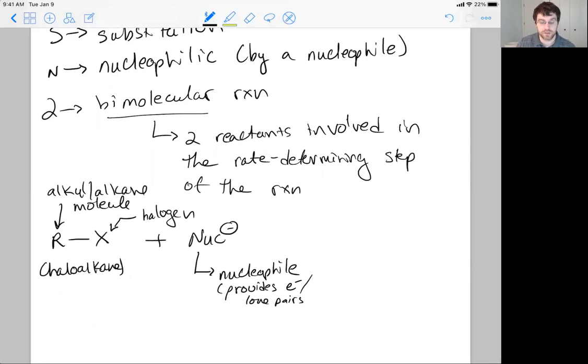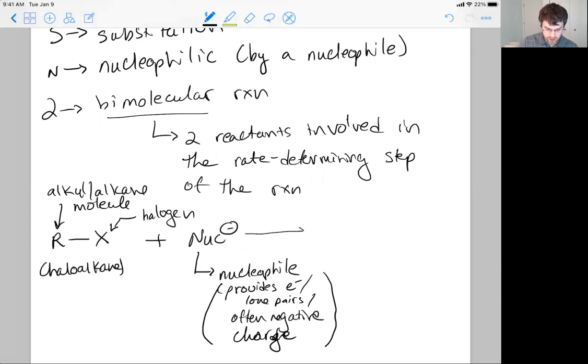And then lastly, it doesn't have to, but it often has a negative charge. So this whole thing requires brackets. We're going to let those two react.